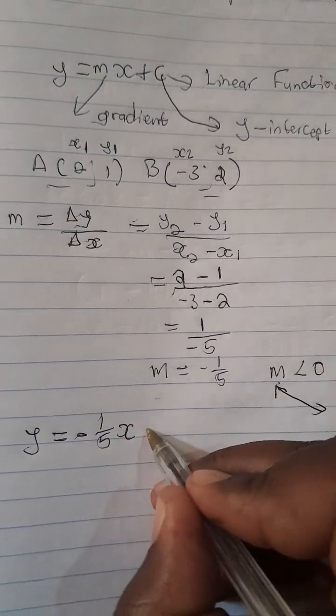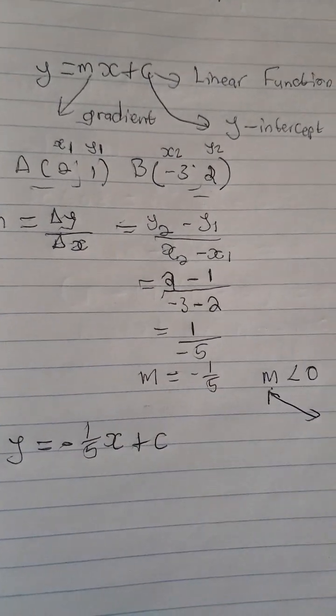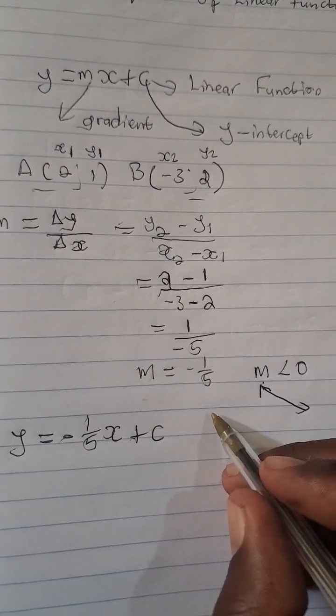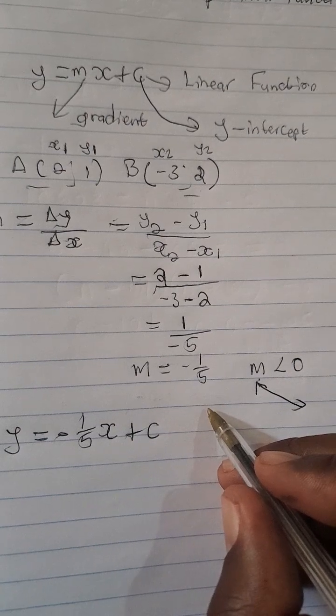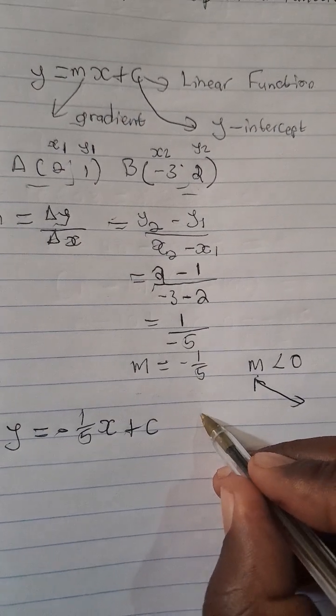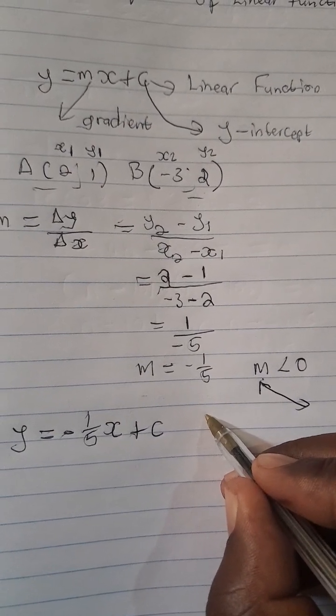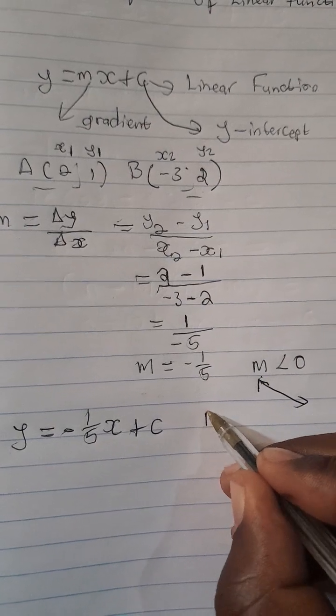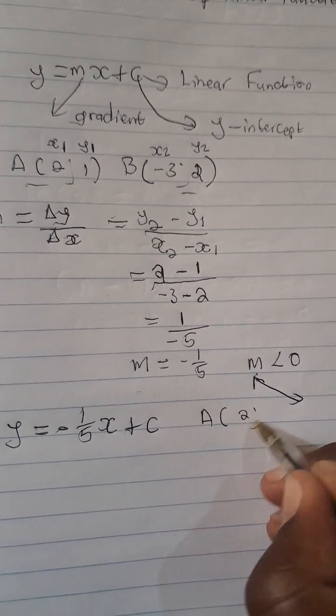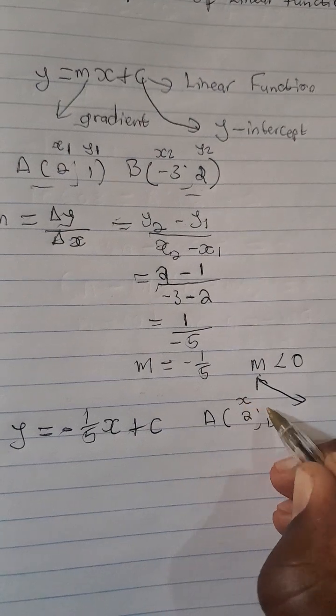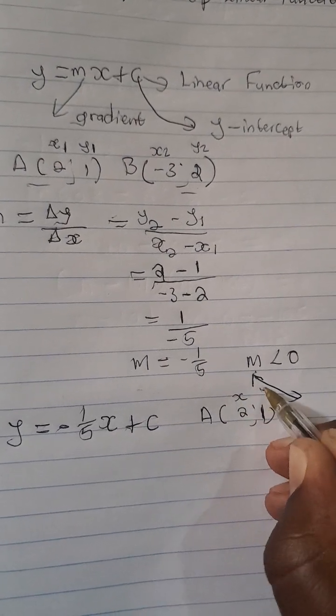So we need to find c, which is the y-intercept. You can substitute either A or B. Let's take, for instance, that we substitute A. So it will be (2, 1), where 2 is x and 1 is y.